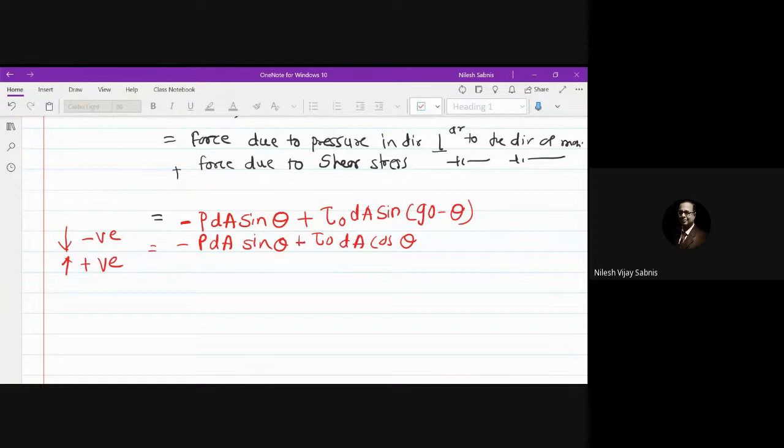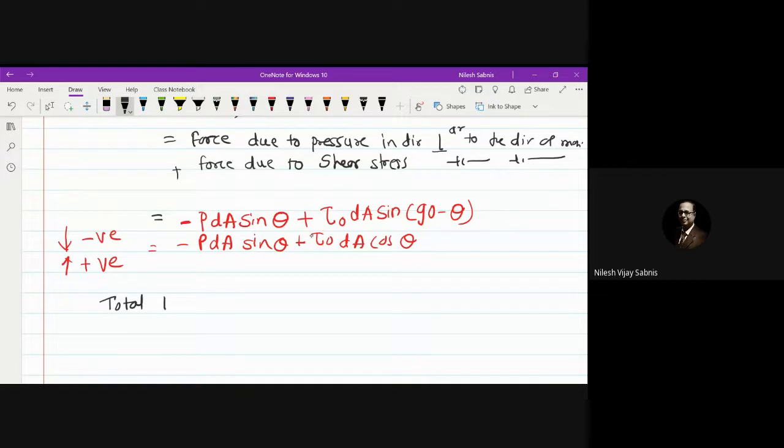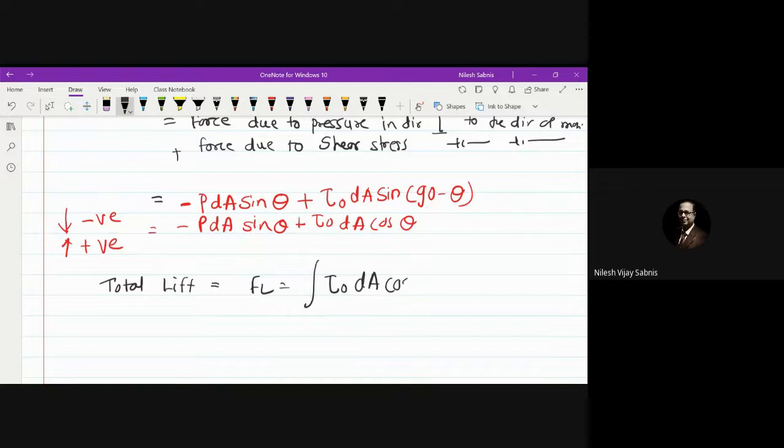That is the consideration. So total lift, not drag. Total lift FL is equal to the integration of tau 0 dA cos theta minus P dA sin theta.